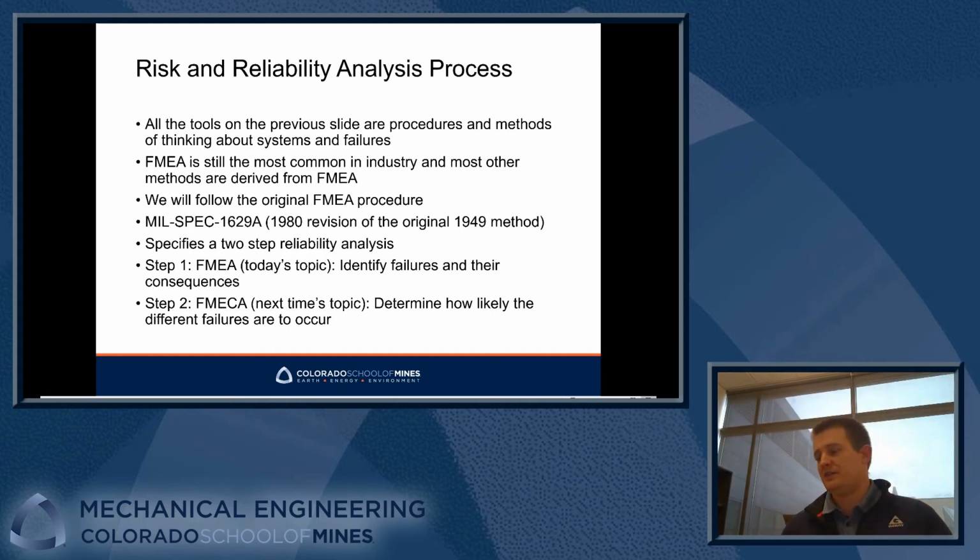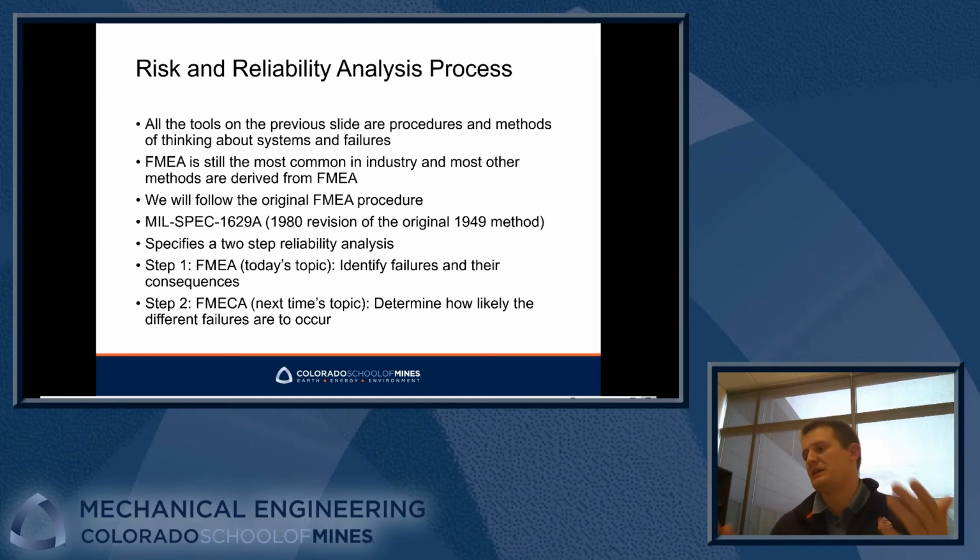And then the second step, which we'll talk about in a separate video, is called FMECA, so failure modes, effects, and criticality analysis. That is looking at how likely different failures are to occur. So first we identify all the failures, and then we go back and determine how likely each of those failure modes is to occur.